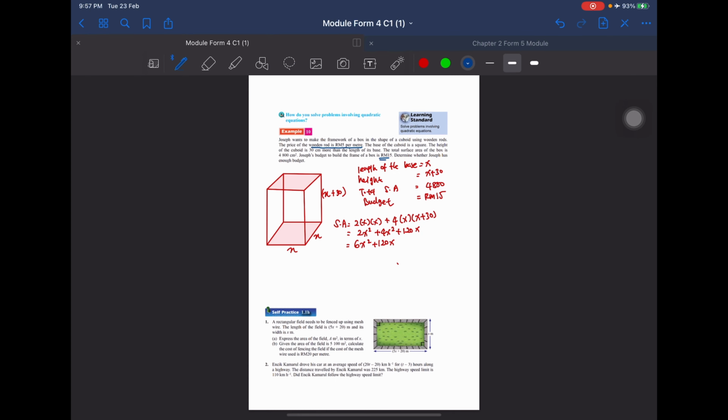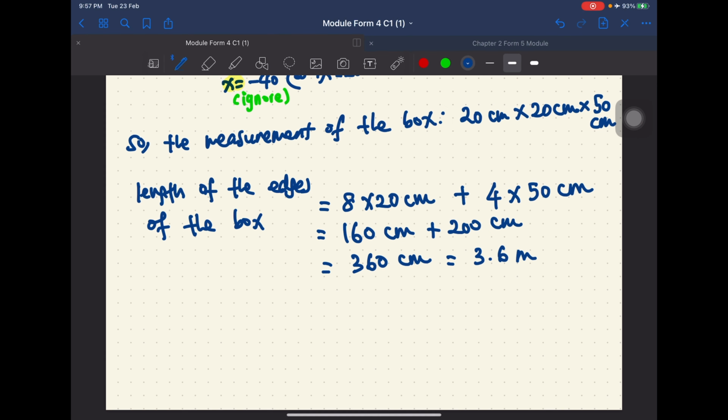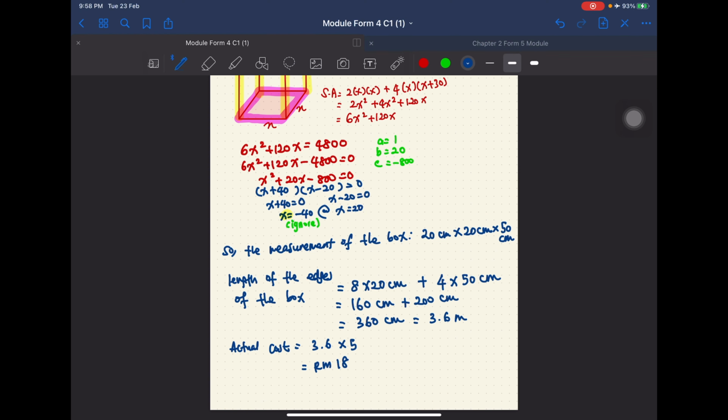Okay, so kita cuba darab. Okay, so kita ada 3.6 meter kan. So actual cost, okay, 3.6 meter darab berapa ringgit? RM5. So kita akan dapat RM18. Okay, cukup tak? RM18.